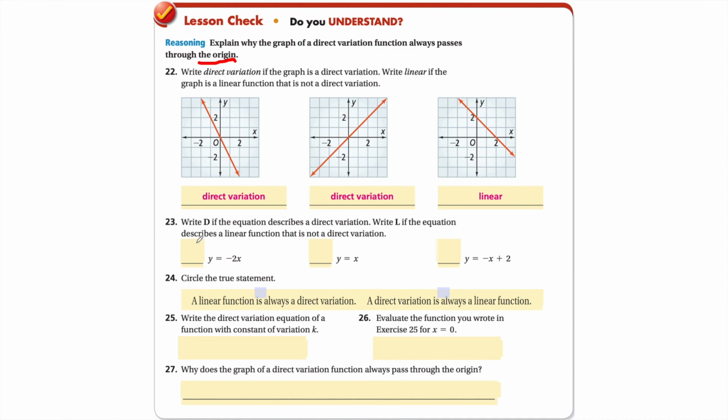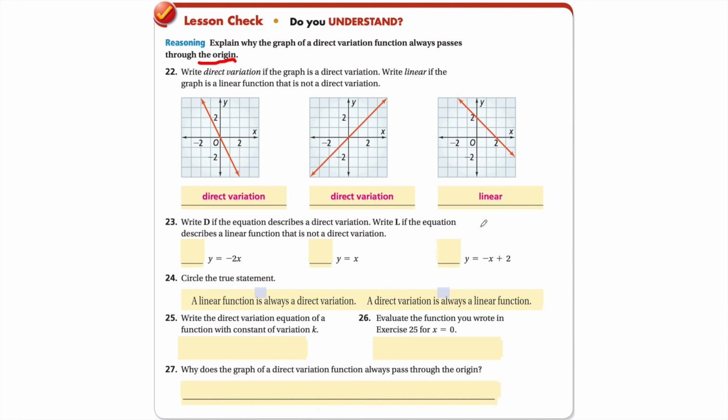Question 23. Write D if the equation describes a direct variation, and write L if the equation describes a linear function, which is not a direct variation. Well, the major difference is that when you have a linear function, it can pass through any portion on the y-axis, meaning the y-intercept is constantly changing, which is why you'll start seeing numbers being added or subtracted at the end of a linear function.